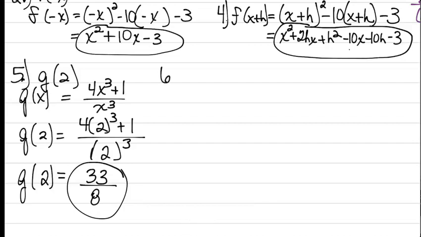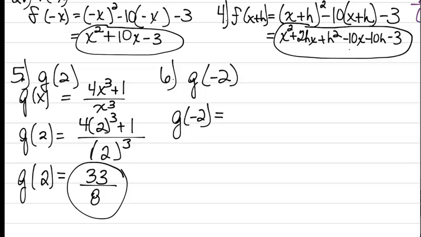On number 6, instead, you see a g of -2. So it kind of looks like number 5, except, and in fact, let's do it this way. Let's take this. I'm cheating. I'm going to replace the 2 with a -2 in the parentheses. That's literally the difference. Where you had 2, you write a -2.